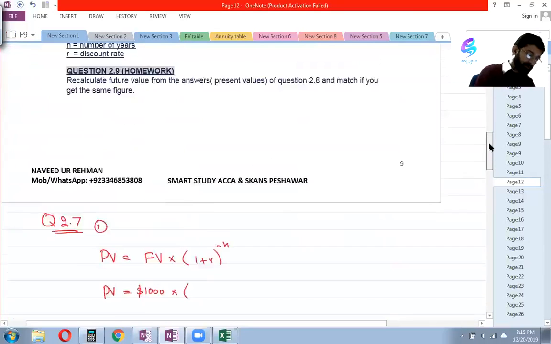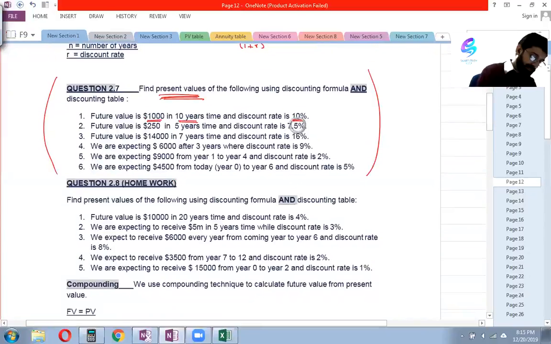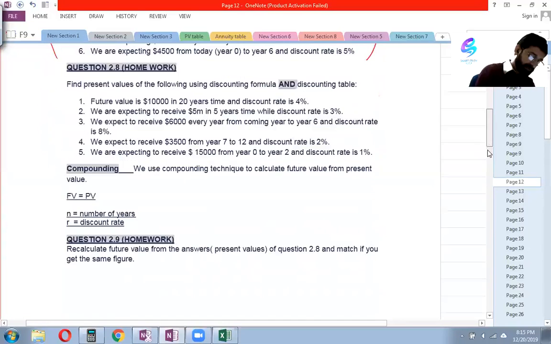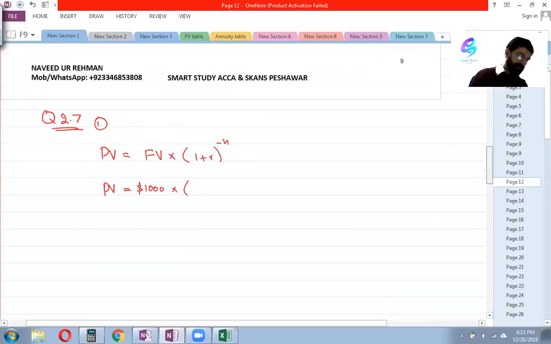How much is the discount rate? The discount rate is 10% and the number of years is also 10. So instead of writing 1 plus 10%, I'll write 1.10, because 10% is 0.10. So 1.10 raised to the power minus 10.